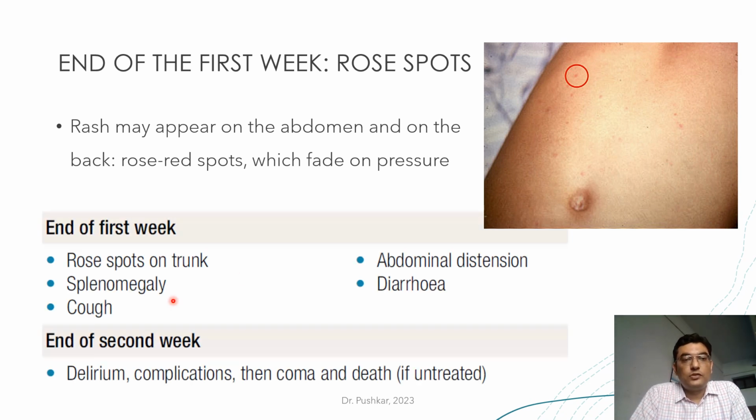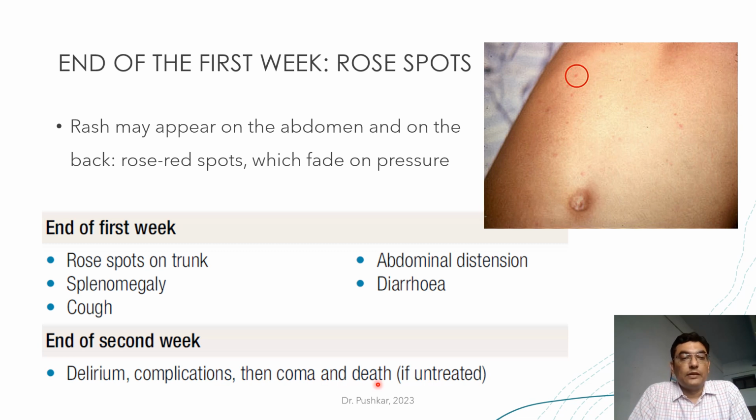So at the end of the first week, rose spots on the trunk, and the patient may have abdominal distension, and the constipation which was there in the starting will be followed by diarrhea. There may also be some abdominal tenderness, splenomegaly, and coughing. If all this remains untreated, then by the end of the second week, the patient may be profoundly ill, with delirium and many other complications, and then coma and death.